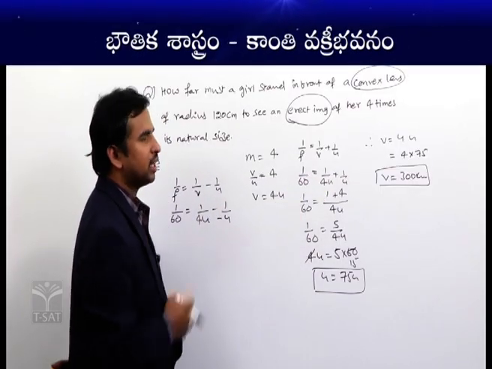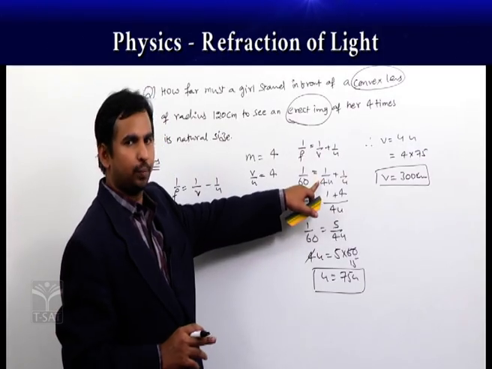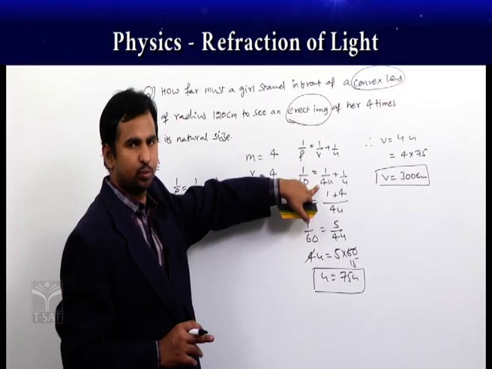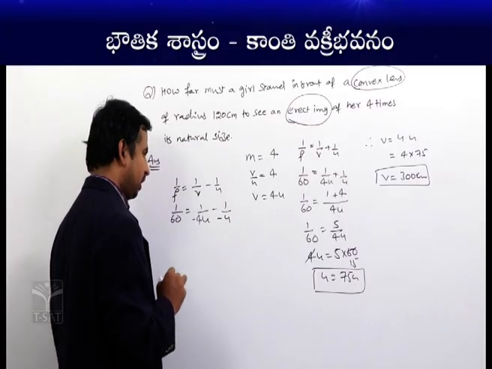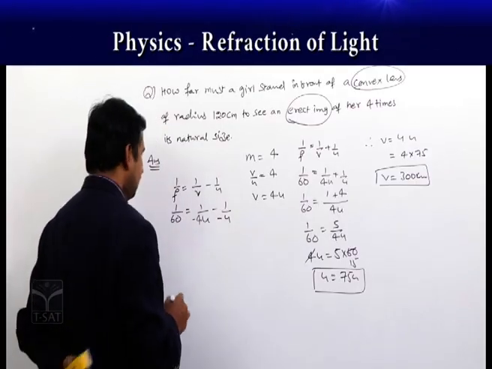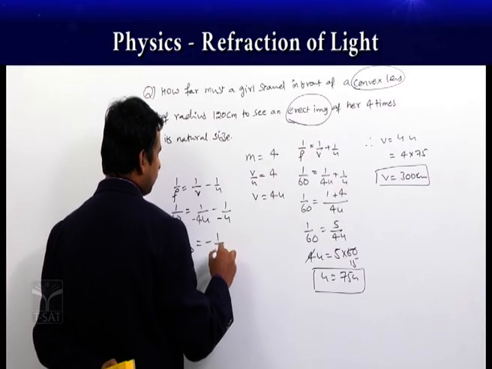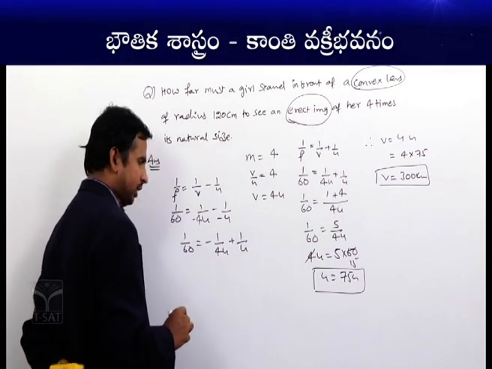But as it is an erect image, the image distance is no longer positive as it would be for a real image; in this case it is taken as negative, that is minus 4u. Then 1 by 60 is equal to minus 1 by 4u, and minus of minus plus 1 by u.